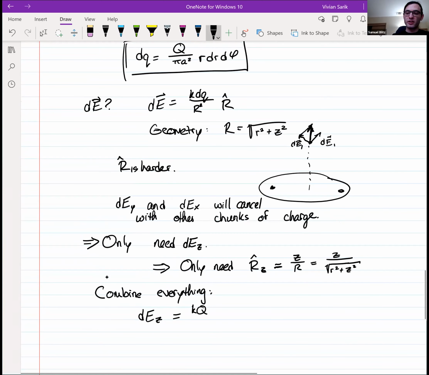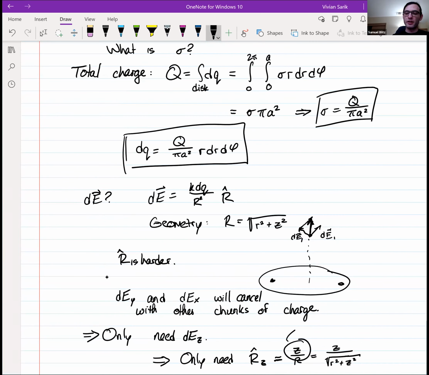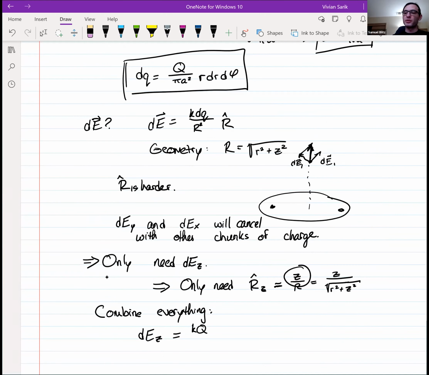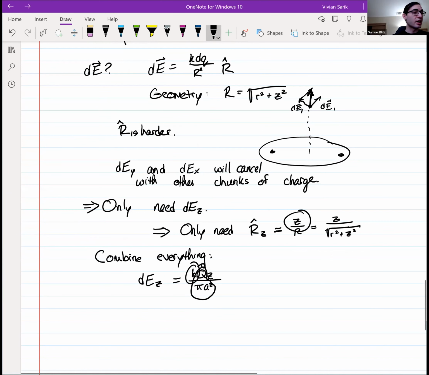Z is going to show up because we want to multiply it by r hat in the z direction. So I'm going to put a z up top, and then I'm going to divide by the pi a squared. So it's q over pi a squared times k, and then it's times r dr d phi, that is our area component, divided by r squared plus z squared to the 3 halves again.